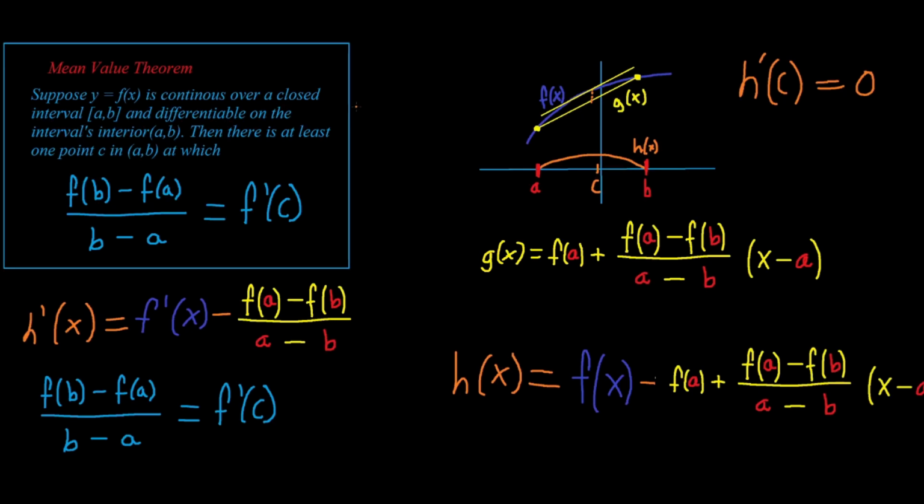Another way to look at it, if you're dealing with velocity, a way I like to think about it: say the average velocity between points A and B here is 60 miles an hour.